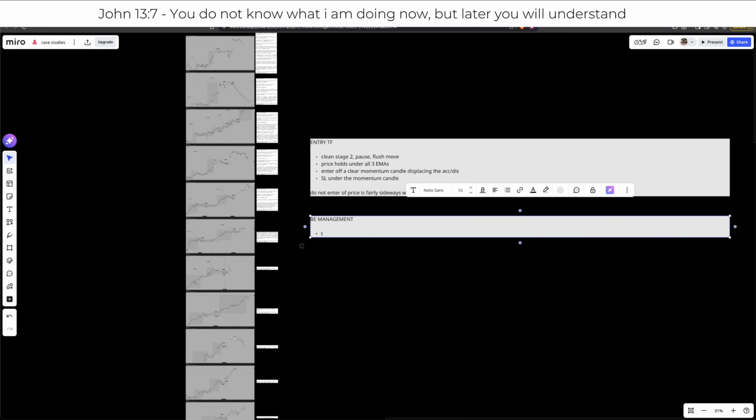Okay, we'll say move stop loss with the pauses right away, not under the EMAs. Pause right away under the swing, even if it's in drawdown.